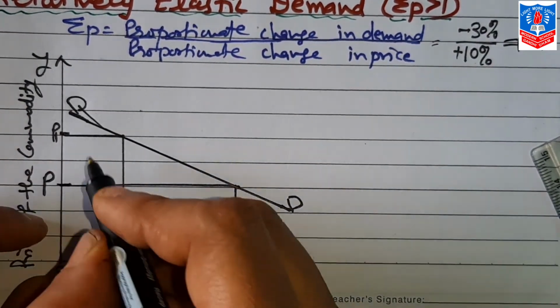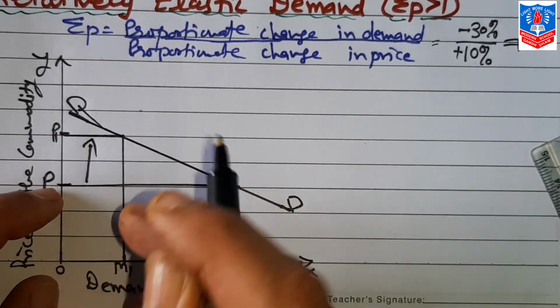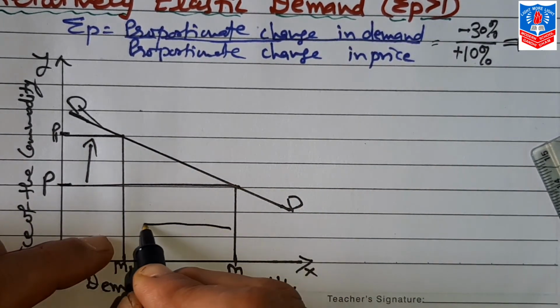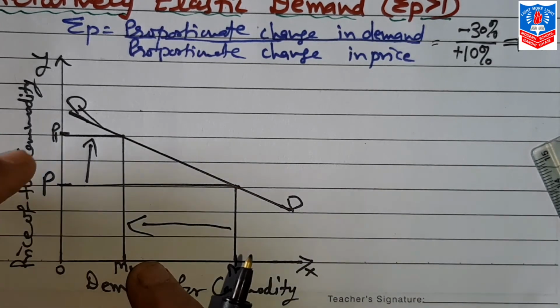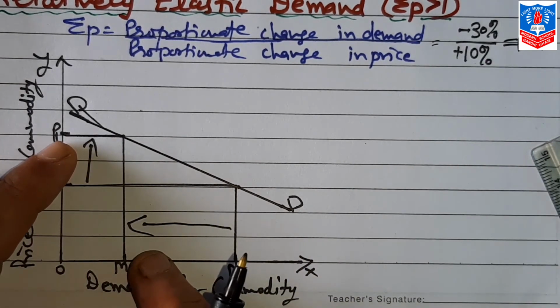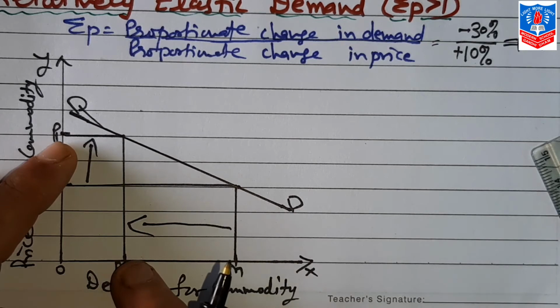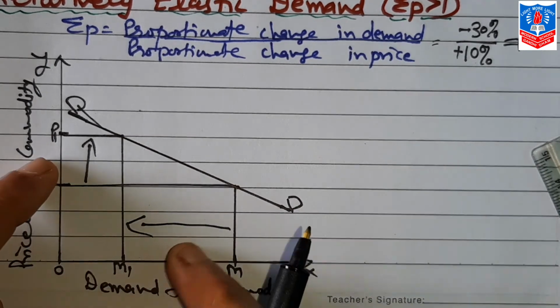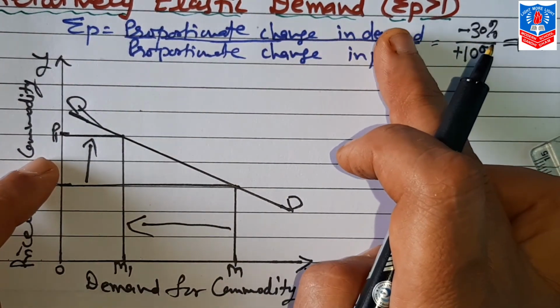And see in what proportion the price has increased, and in what proportion more than this there is a decrease in the demand. See, this is called relatively elastic demand.